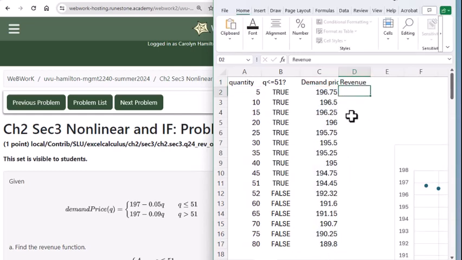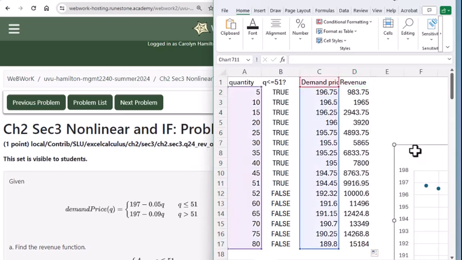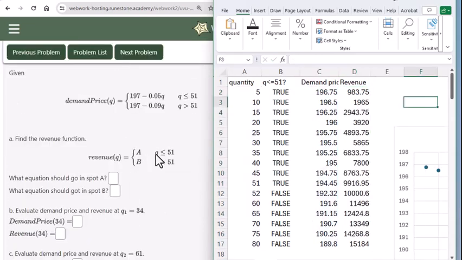Then the revenue will be price times quantity. So in the revenue function, if the quantity is less than 51, then it's asking what the formula should be.